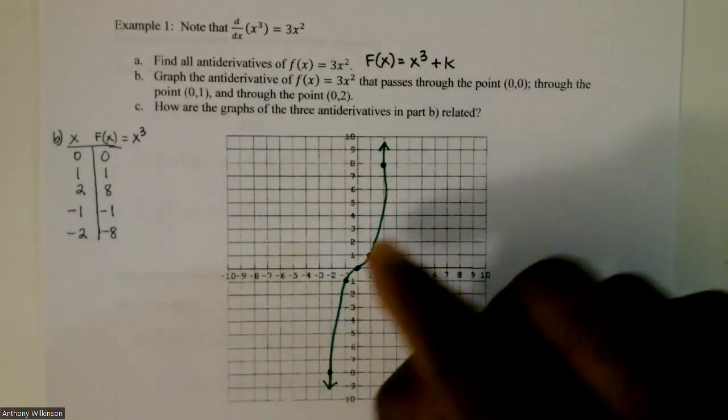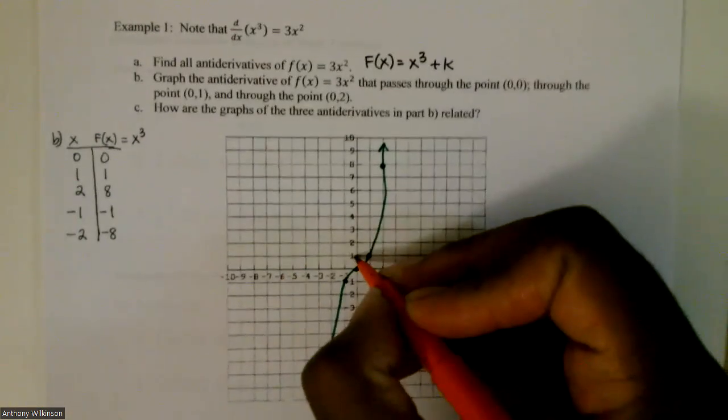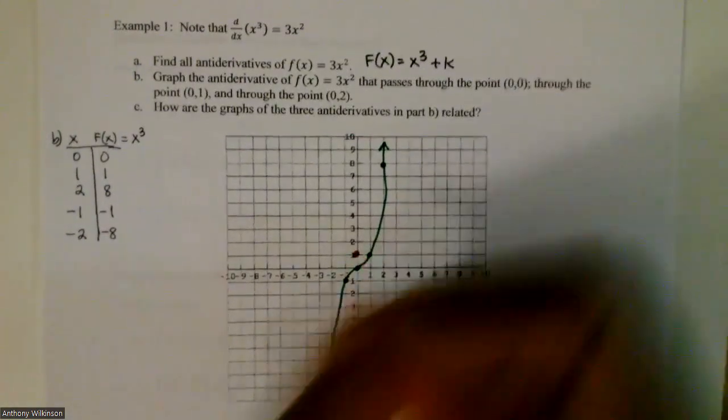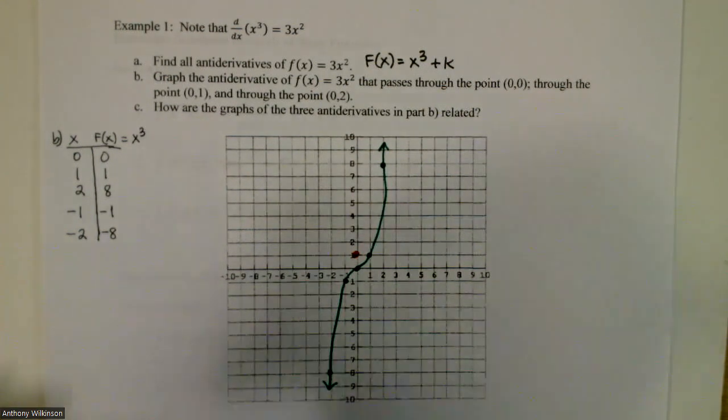And forgive me for this part right here, it looks a little bit off. All right, now for the point 0, 1. So in other words, 0, 1 will be right here on the y-axis. So let's find out what's going to be happening here.